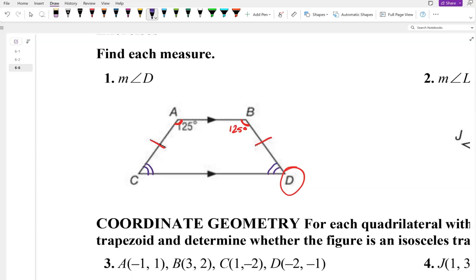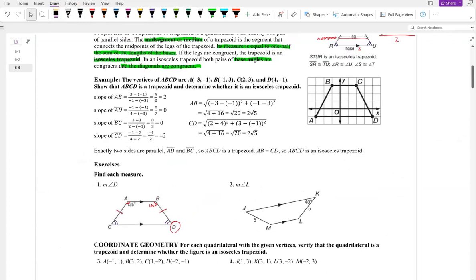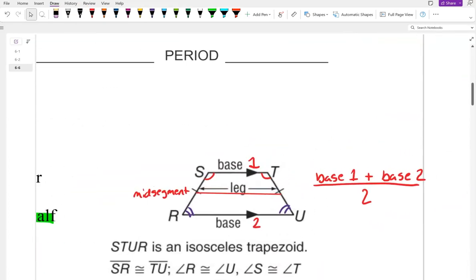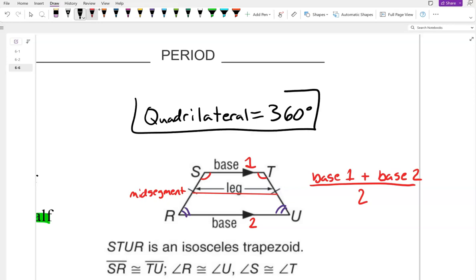That is how I can actually go through and solve this, because one thing I do need to know, and you can write this on your notes up here as well, is that any quadrilateral, okay, doesn't matter if it's a trapezoid, parallelogram, rectangle, square, whatever, any quadrilateral is going to be 360 degrees.